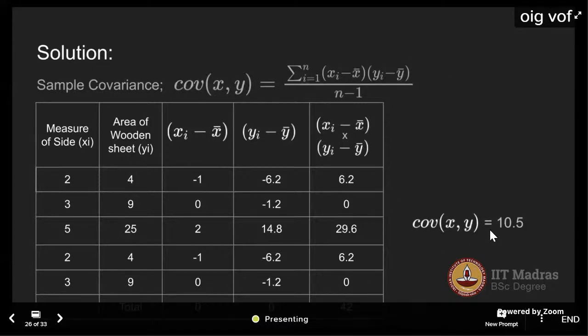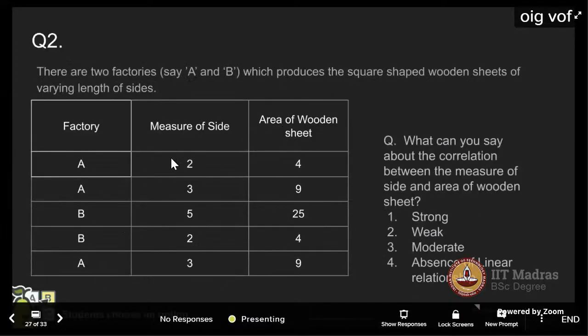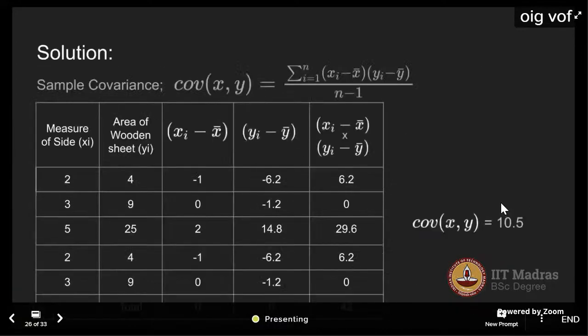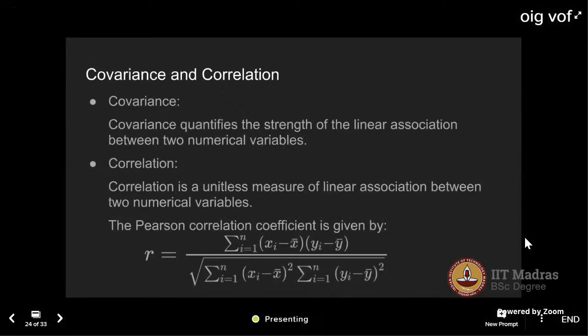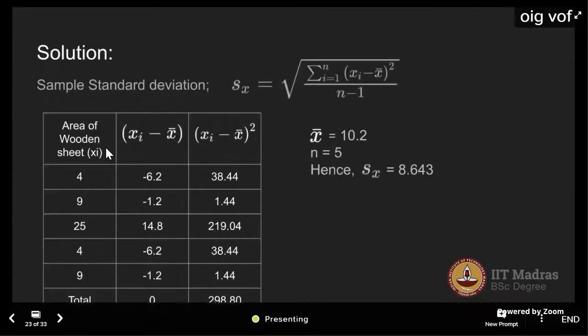Can you all please note down the values for sample covariance and the sample standard deviations of both, because you will need them in correlation. Sample covariance is 10.5. For the area of the wooden sheet, the sample standard deviation is 8.643.